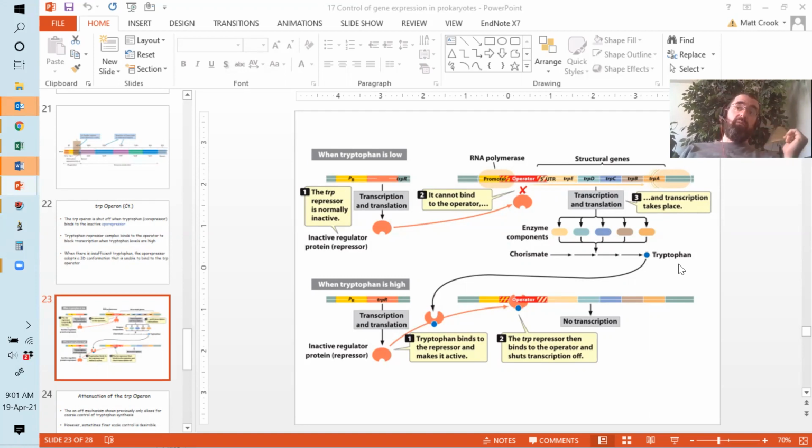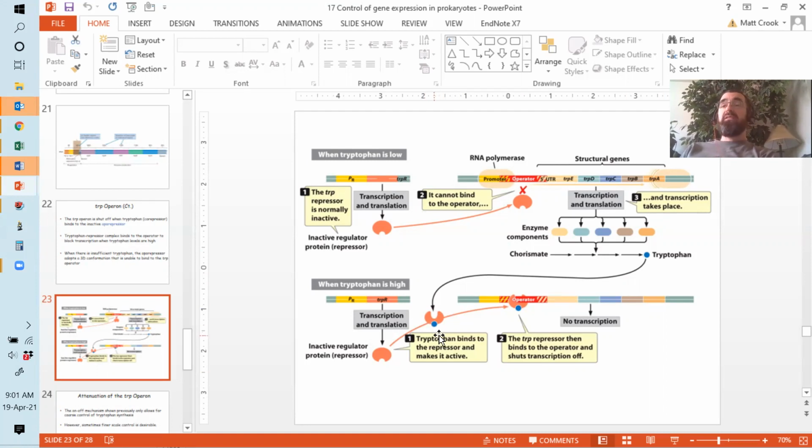Don't forget as well that we have the consumption of tryptophan in the production of proteins. Any proteins that contain tryptophan, then making of them will reduce the amount of tryptophan available. But let's say this has been going gangbusters for a while and we've got an absolute ton of tryptophan, then that tryptophan binds to the aporepressor, right?